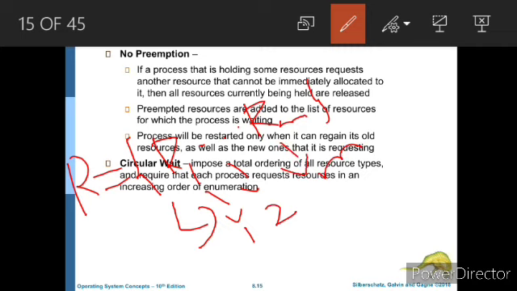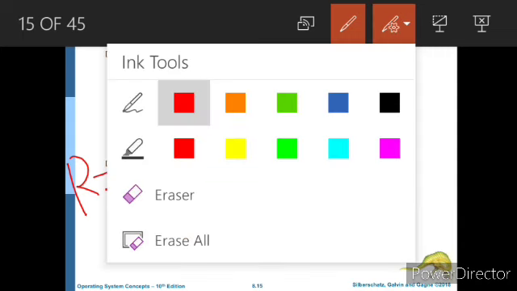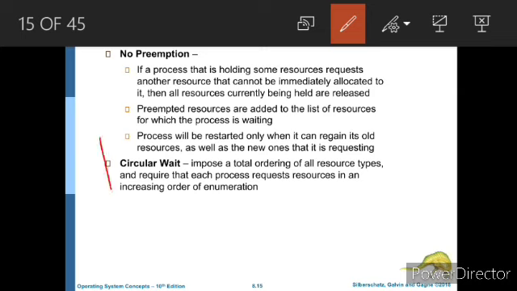Okay, we need to define a one-to-one function f from R to N, so that each and every resource type is assigned a unique integer, where N is the set of natural numbers. So here there is a mapping from the resource type to the natural number.